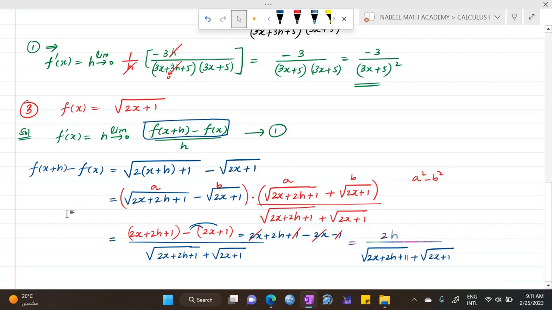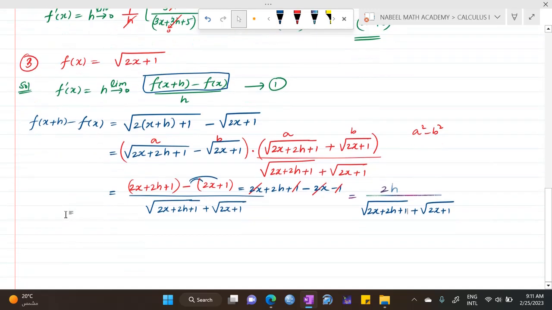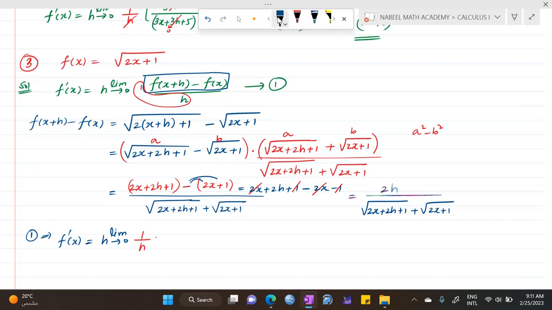Now I have to substitute in equation number 1. So equation 1 implies f prime of x equals limit h approaches 0. Same story, I will take this 1 over h in the front. So it becomes 1 over h. Now what is the remaining part? You have to substitute the simplification.